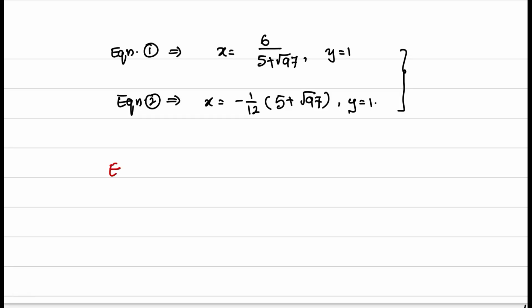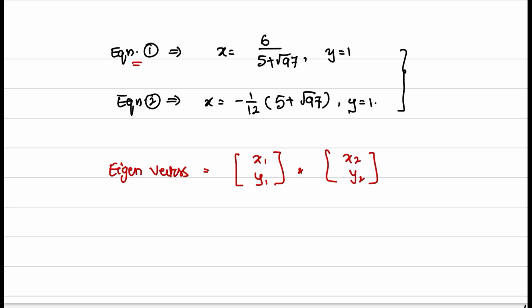Hence eigenvectors are these. From equation 1 we will call them x1, y1 and x2, y2. This we call x2, this y2, this x1, this y1.